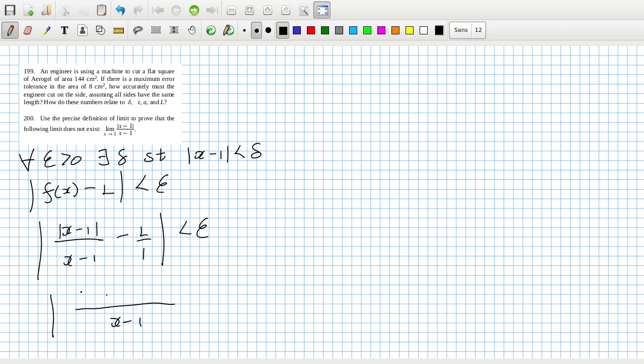X minus 1 minus L times x minus 1. Okay, less than epsilon.